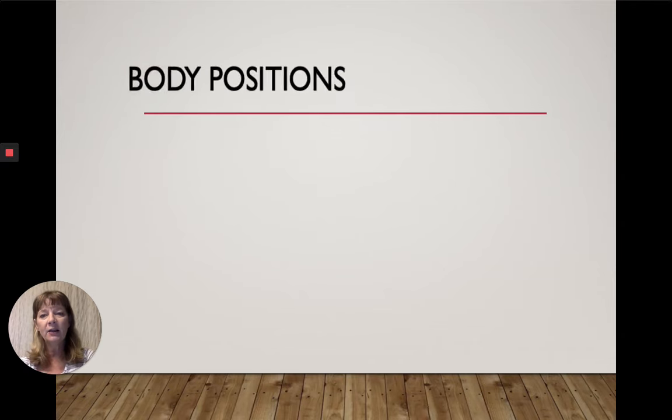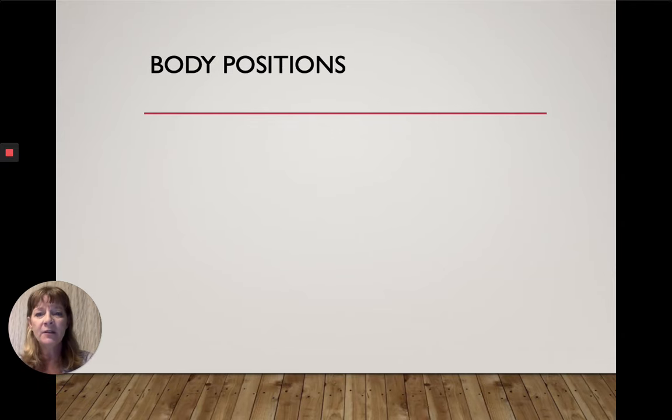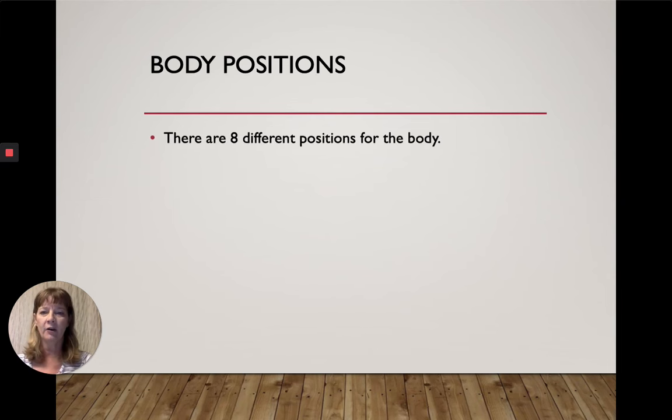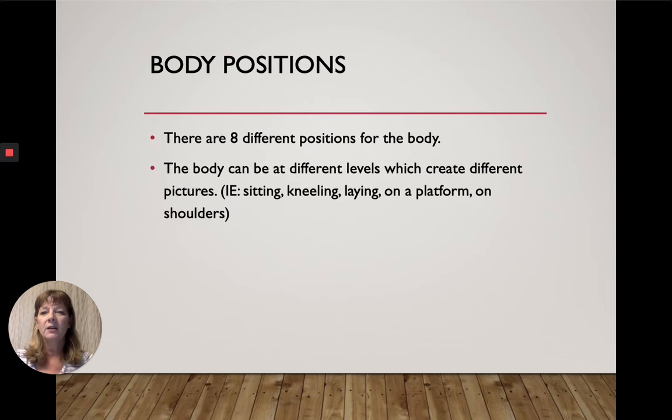So now let's take a look at some body positions. Body positions are important because this helps the actor understand how your body can present emotion and can tell the audience something about your character. There are 8 different body positions. The body can be at different levels, which creates different pictures.